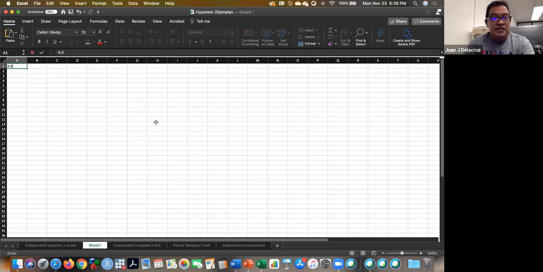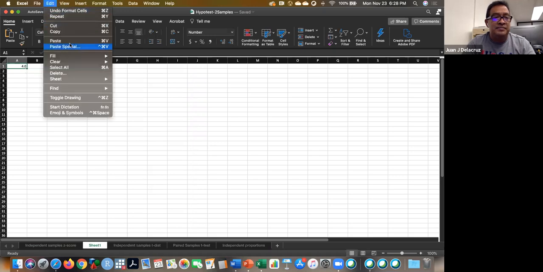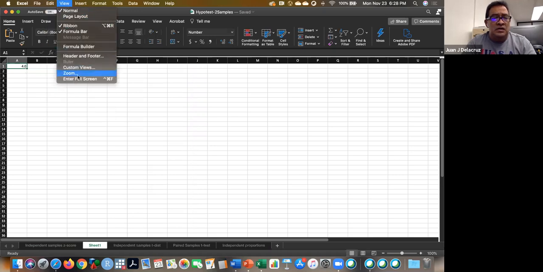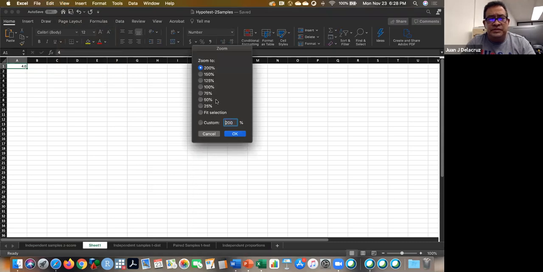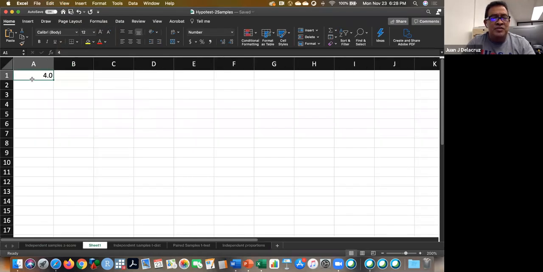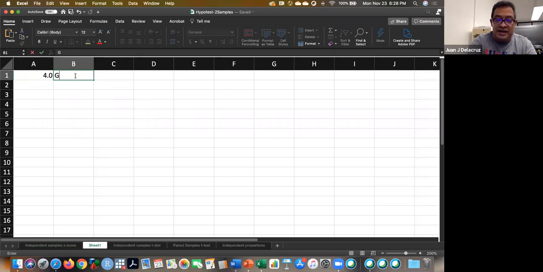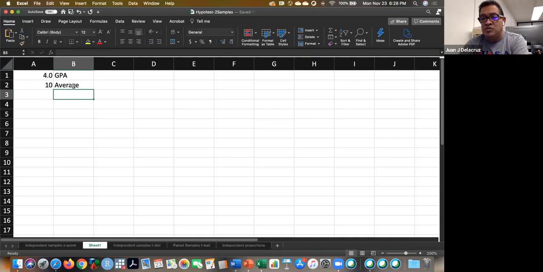The highest is 4.0, measured in the GPA format from 0 to 4, or you might have one that falls on a scale of 10. So this is the average, and this is something that many schools use.